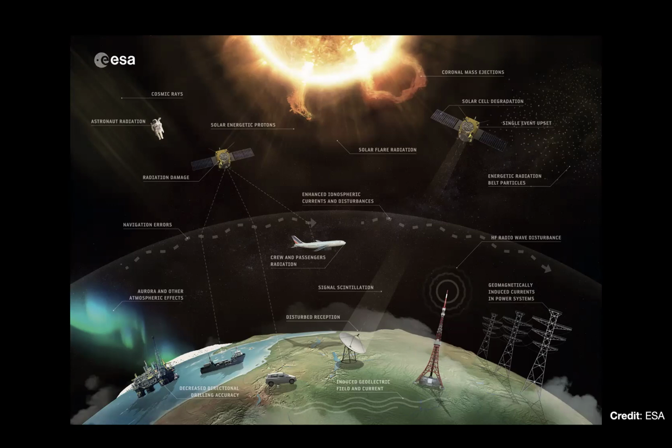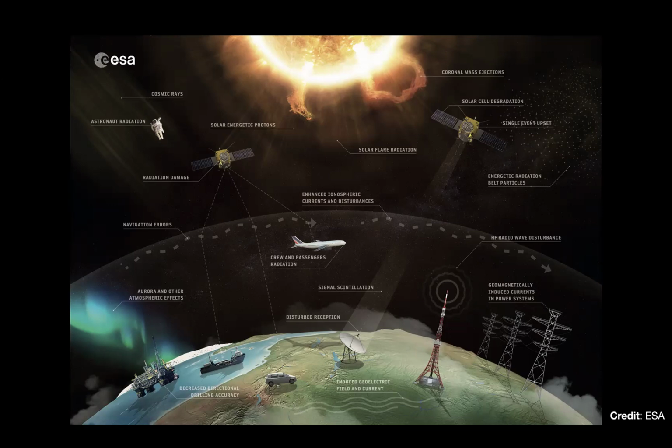It can ionize Earth's atmosphere, hindering radio wave communication. You can have induced currents in power systems, knocking out entire power grids and transformers, causing the loss of electricity on large parts of the Earth, which could be critical for critical infrastructure such as hospitals and the like.